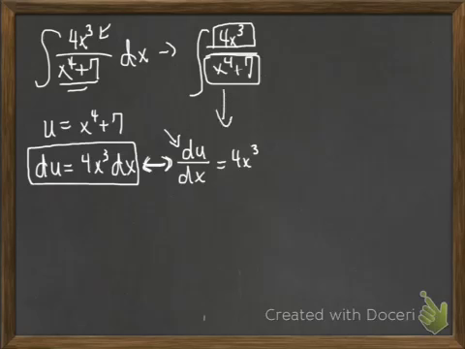So if we rewrite it, we have the indefinite integral of du over u, because du equaled 4x to the third dx, that's what the top value is, and the bottom, x to the fourth plus 7, is what we set u equal to.